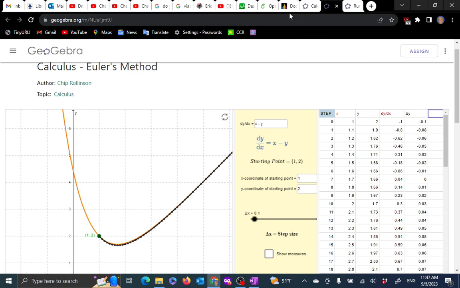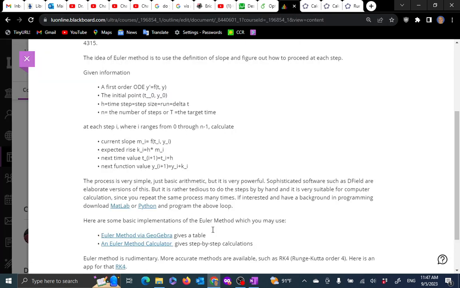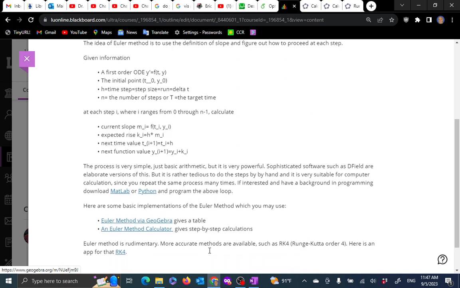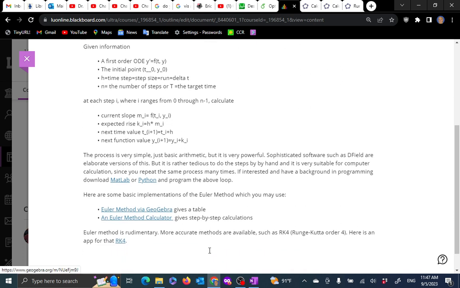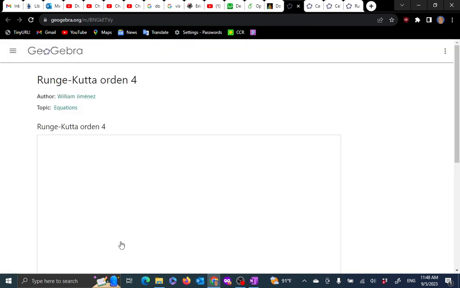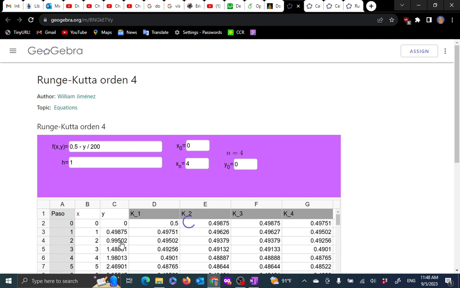Okay, so there are many of them. Here's another one that shows you step-by-step calculations and the numbers and everything. But that looks a little bit more crowded. If you want to check your calculations, that's the one you use. If you want to solve an equation much more accurately without going through so many steps, the method to use is the so-called Runge-Kutta order 4.